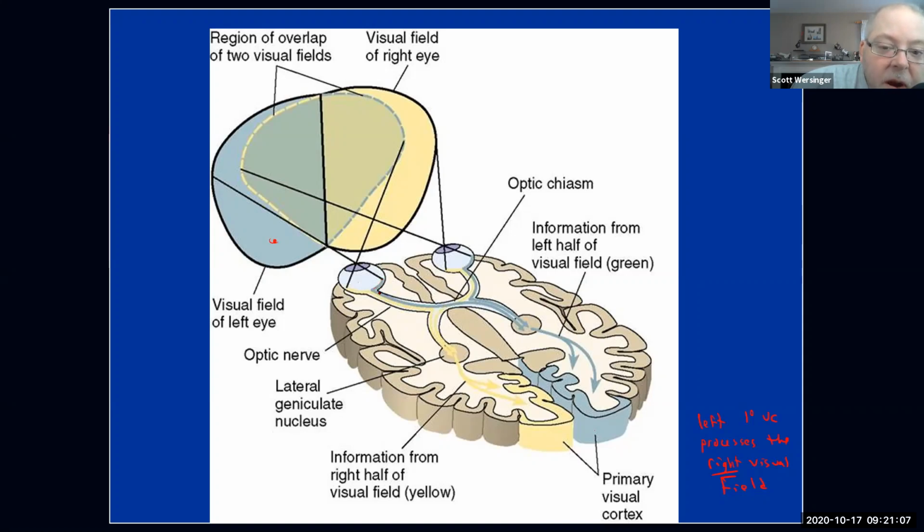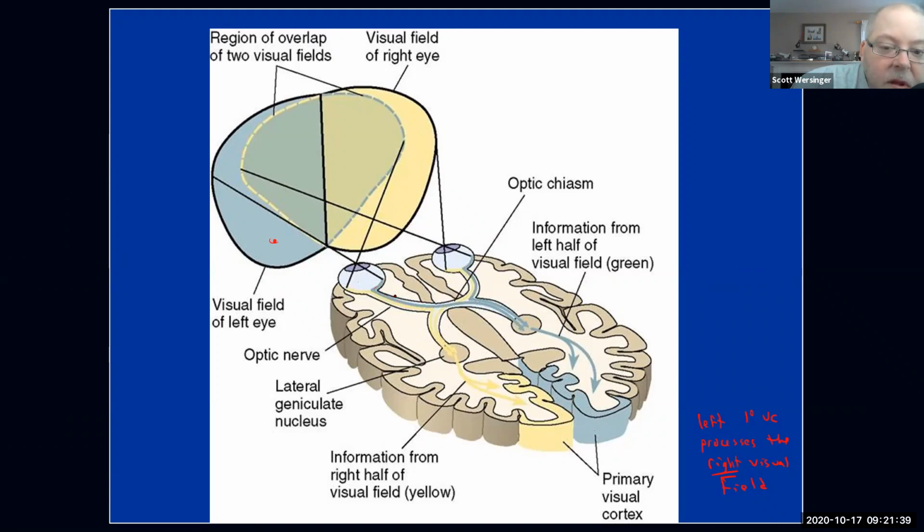Our axons come through the optic nerve, and when we get to the optic chiasm, they cross to the contralateral side. These cross over to the right lateral geniculate and then onto the right primary visual cortex.